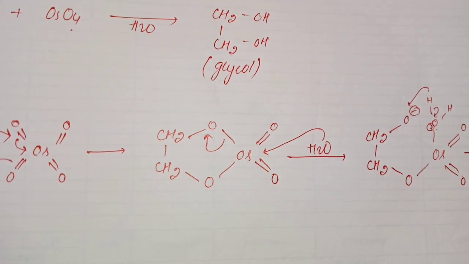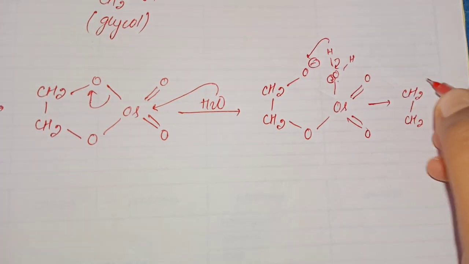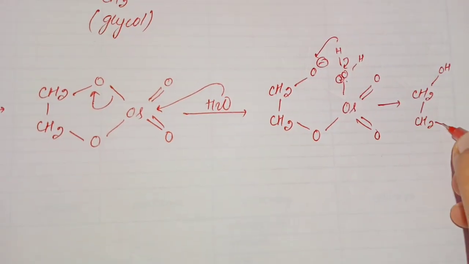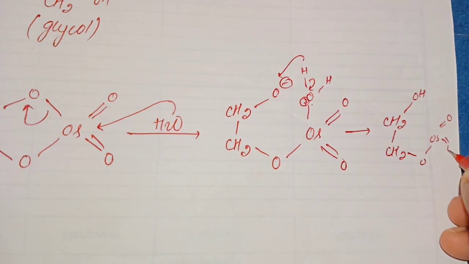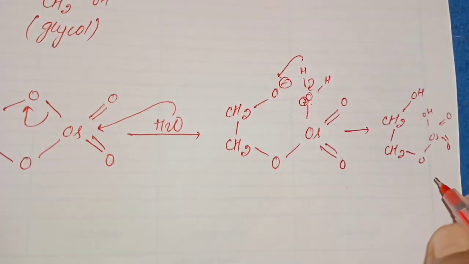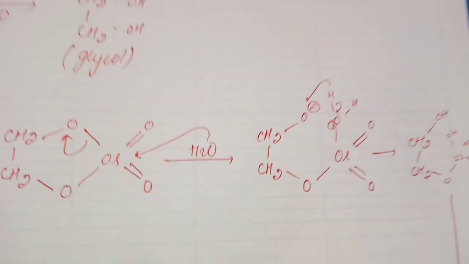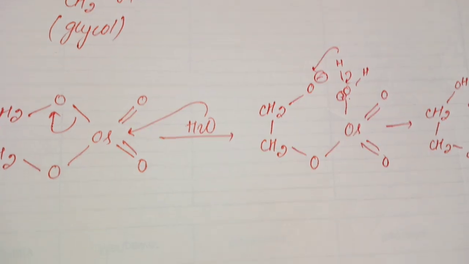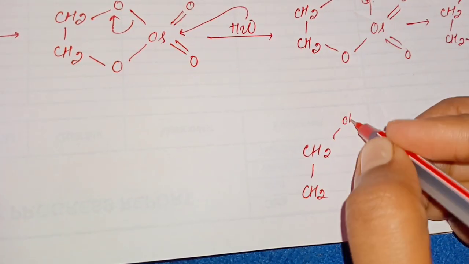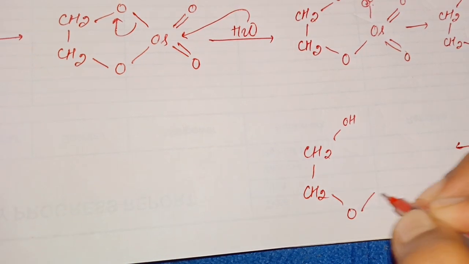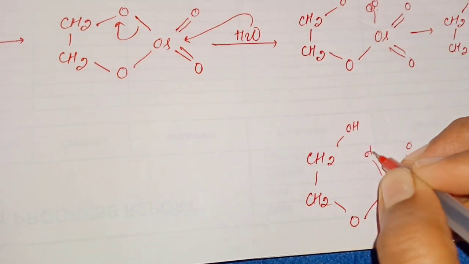So what we will get is CH2-CH2-OH, O, osmium double bond O, OH. Okay, this reaction takes place. I will write it here again: CH2-CH2-OH, O-osmium double bond O-OH.